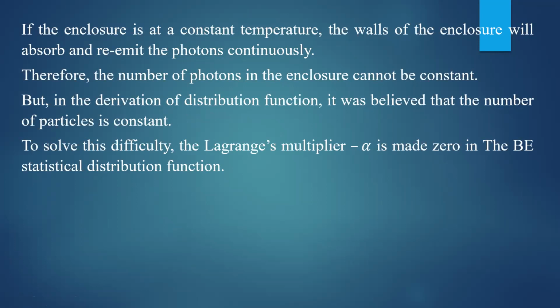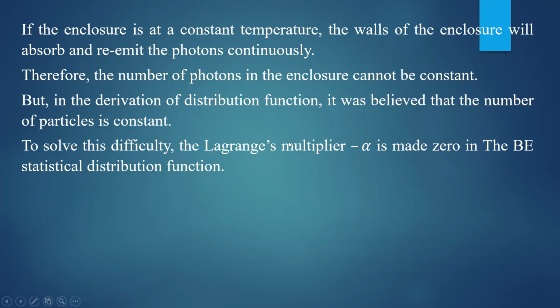You can recall that, otherwise you can go to the previous class. We have seen that summation of dn_i equals 0, and we have multiplied that equation by minus alpha, where alpha is considered to be a non-zero constant. Summation of dn_i is taken to be 0 while deriving the Bose-Einstein distribution function. To solve this difficulty, here in this case, photons are not constant, that is summation of dn_i is not equal to 0.